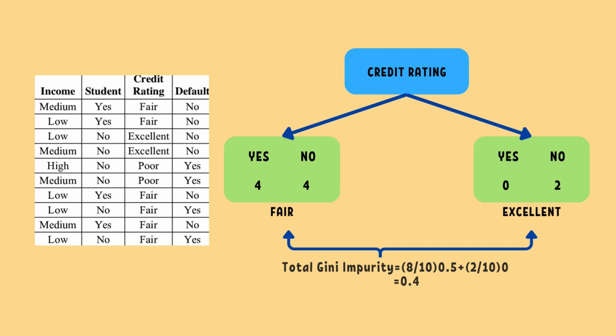After calculating the Gini impurity of each leaf node, let us now calculate the total Gini impurity of the data. Let us determine the total Gini impurity of income, student, and credit rating.